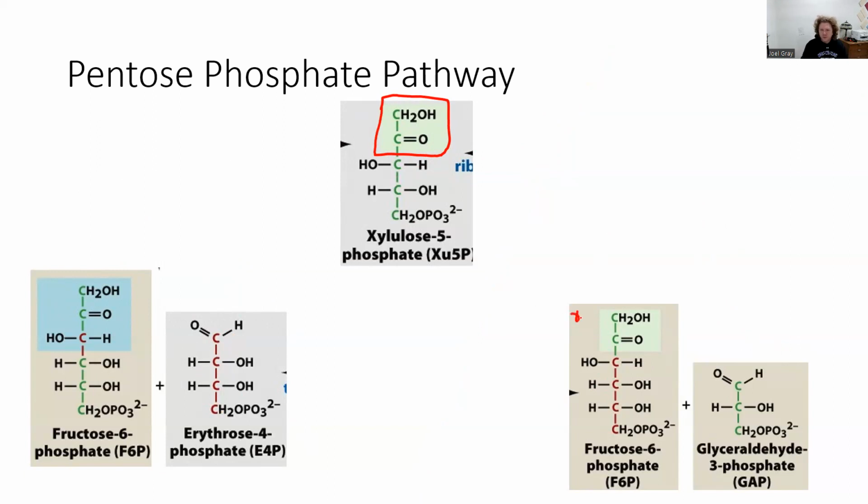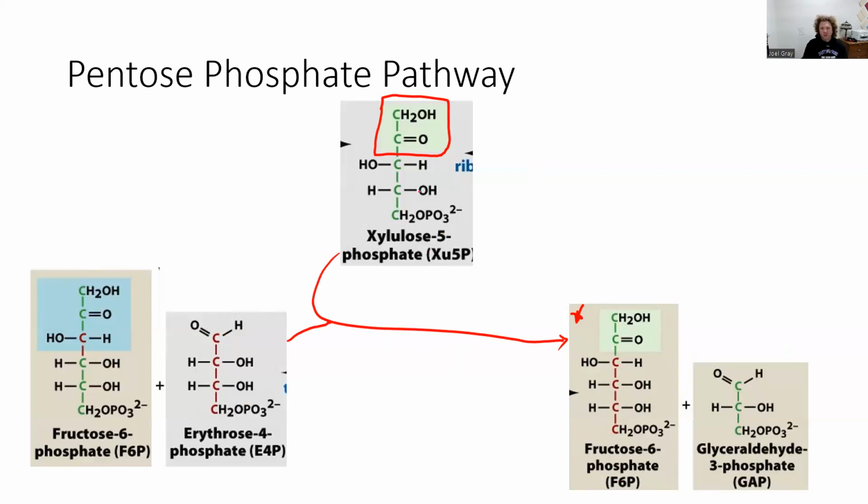Well, in this fructose 6-phosphate molecule that we generate from our transketolase reaction, we're going to generate a molecule with carbons number 1 and 2 that are green from our xylulose 5-phosphate, and carbons 3 through 6 that are maroon or burgundy from our erythrose 4-phosphate.